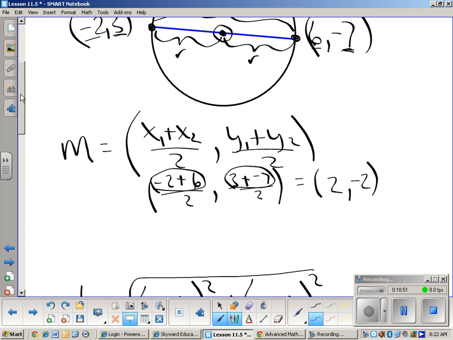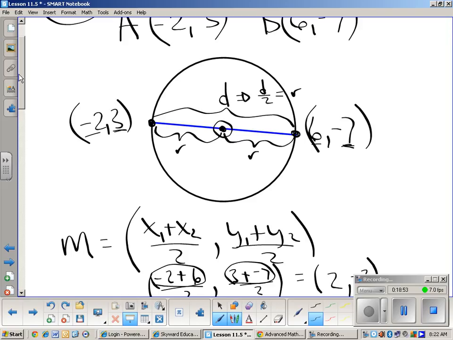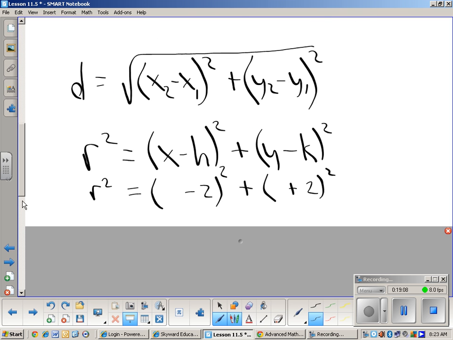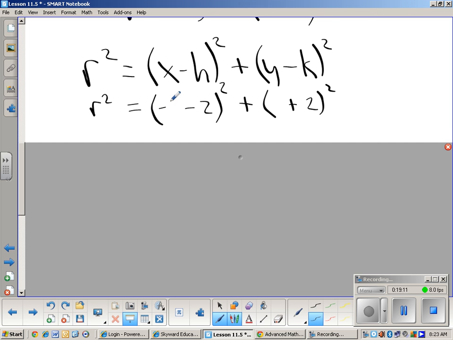So if I go back up here, do I have any points on the circle? I only have 2 on the circle. Not in the circle. 2 points on the circle, and I only need 1. Which one do I use? -2 and 3. Okay. So where x was, I'm going to put a -2.